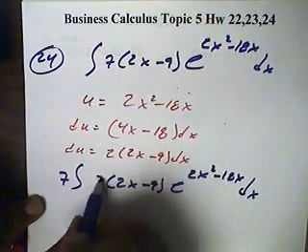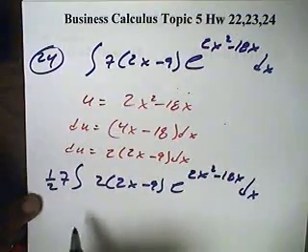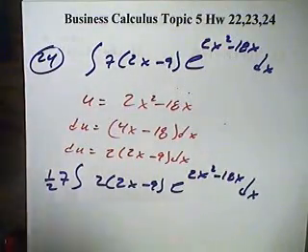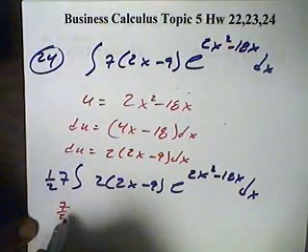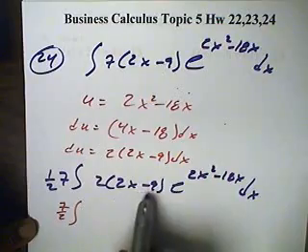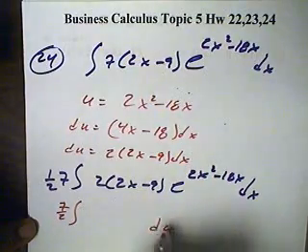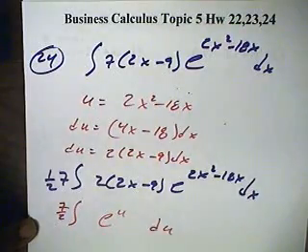Since we need a 2 here, let's put a 2 there and a 1/2 outside. So when we replace, we still have a 7/2 in the integral, but the 2x minus 9 dx all become du, and the e to all this becomes e to the u.